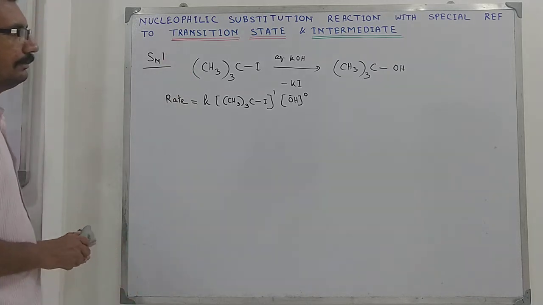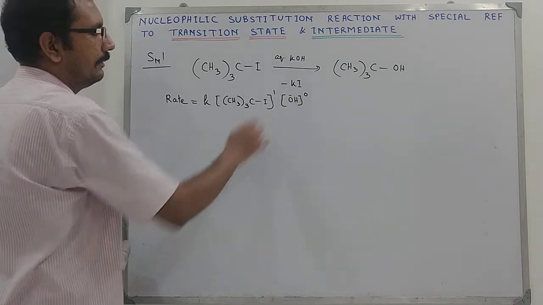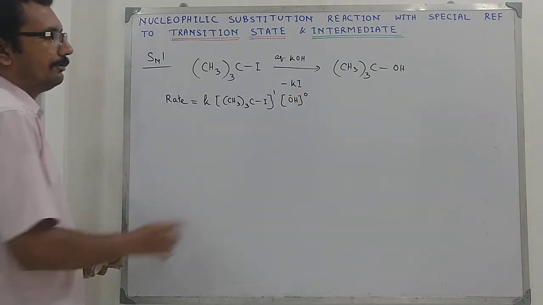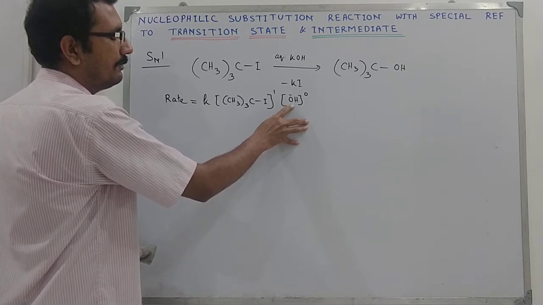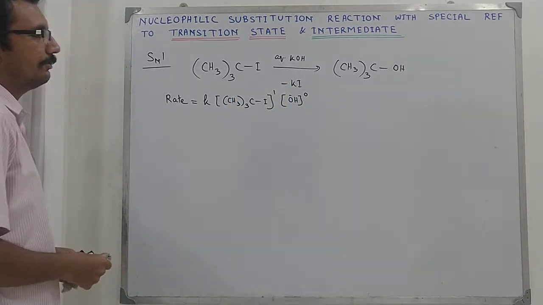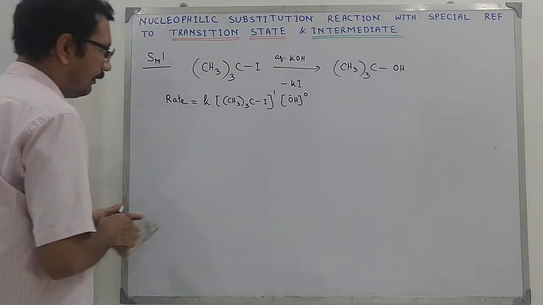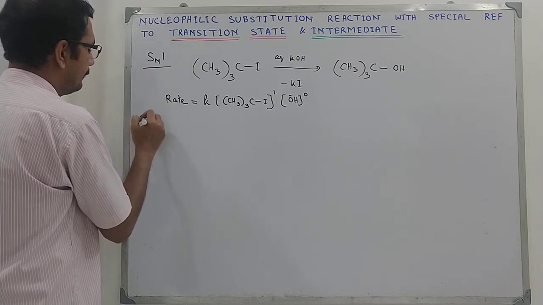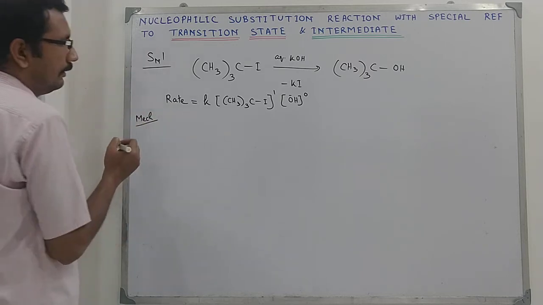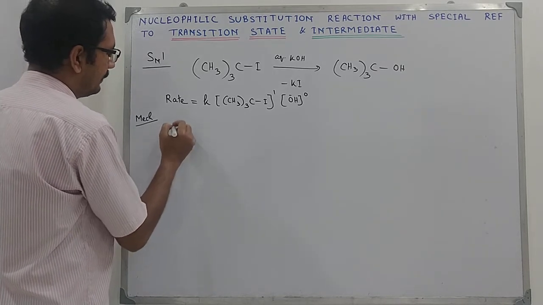Then, what is the mechanism that makes the order of the reaction with respect to this reagent OH minus to be 0? So we have to search for the mechanism. Now the mechanism that was proposed for this reaction consists of 2 steps.